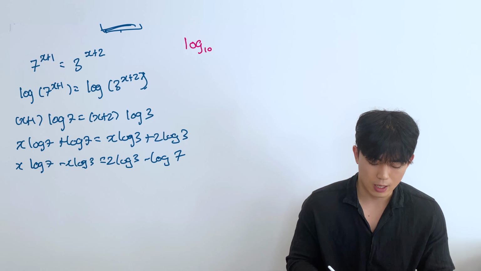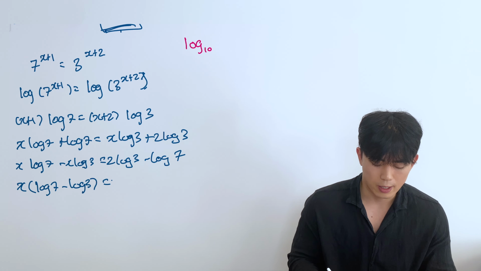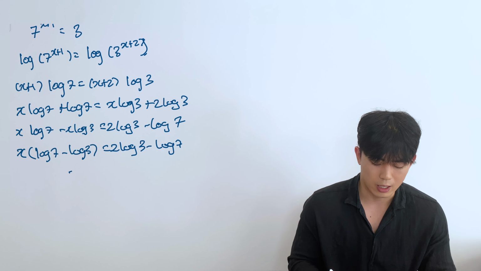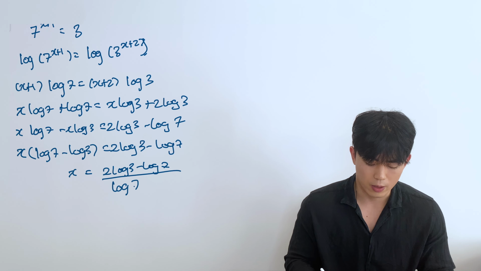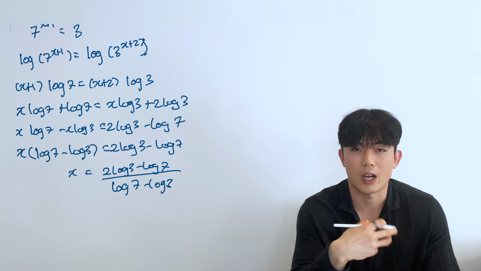I can now factorize the left-hand side, so x times (log 7 minus log 3) is equal to 2 log 3 minus log 7, and divide to leave me with my x value. So x is 2 log 3 minus log 7 over log 7 minus log 3. I can plug this into a calculator to find my x value.